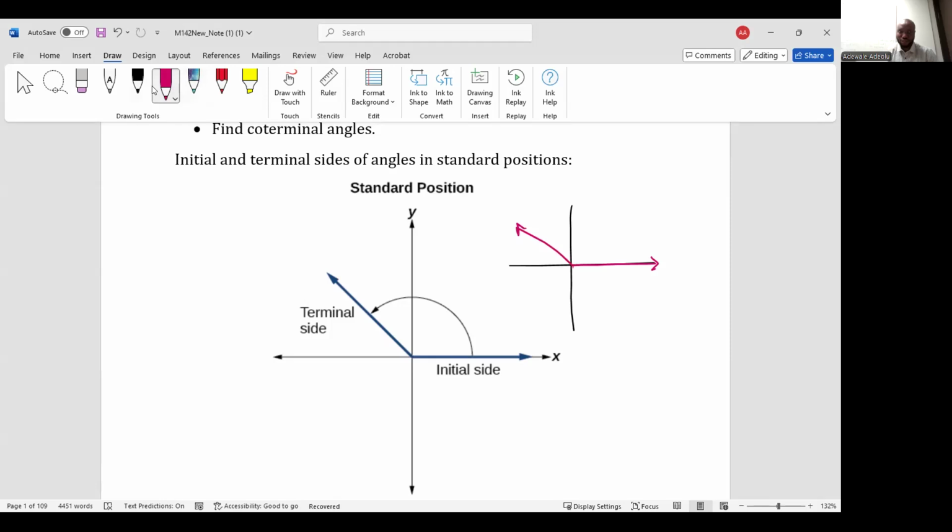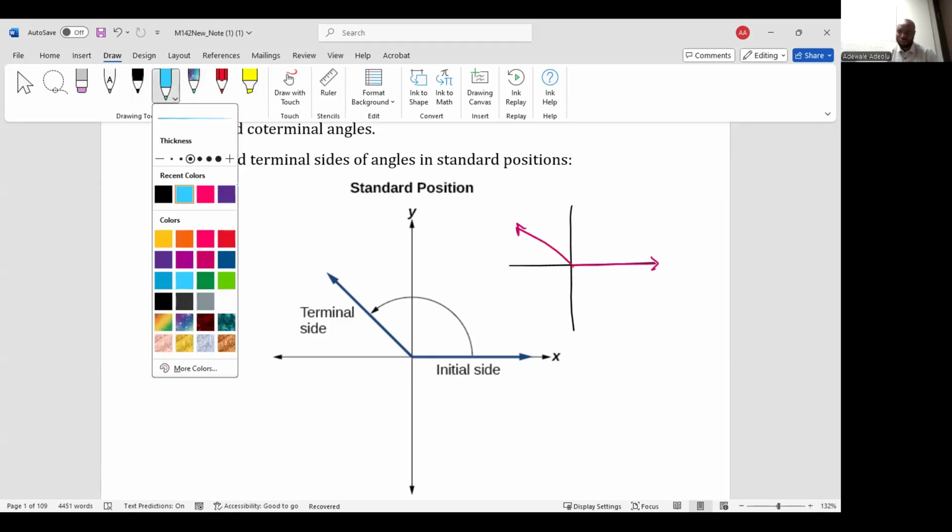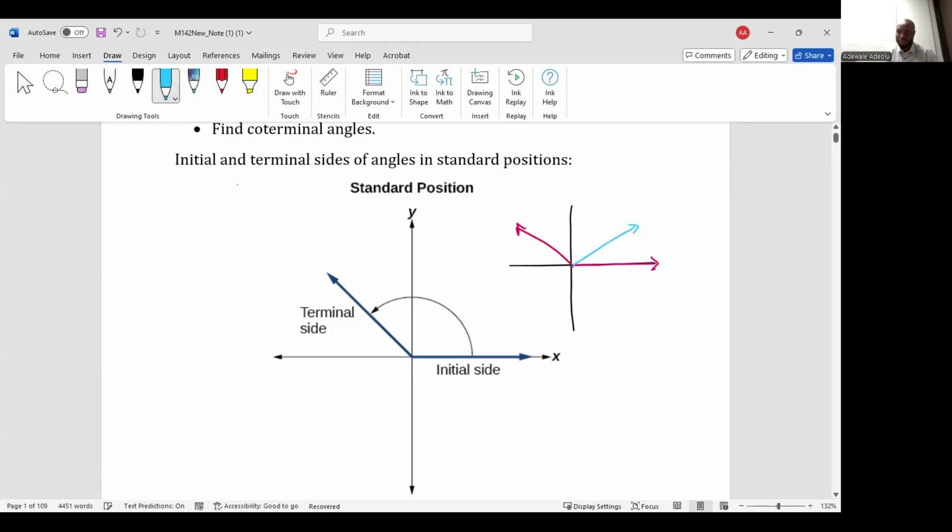Could be there, it could be somewhere here. It does not really matter. What matters is the fact that we are starting with this initial side on the positive x-axis, and you can see in this picture.